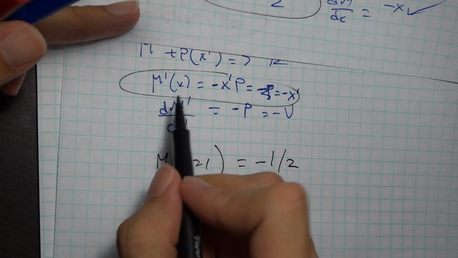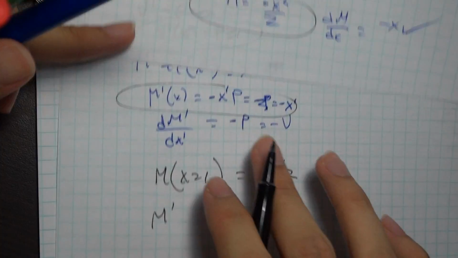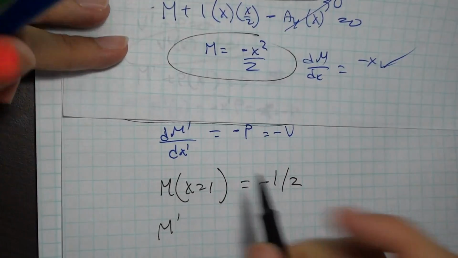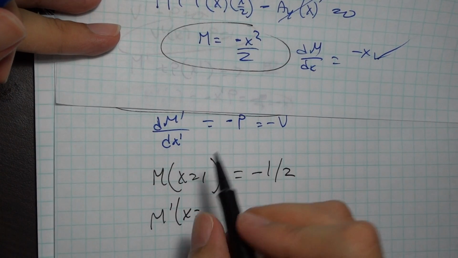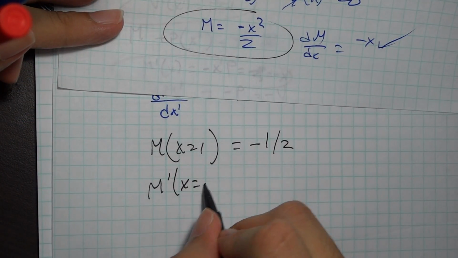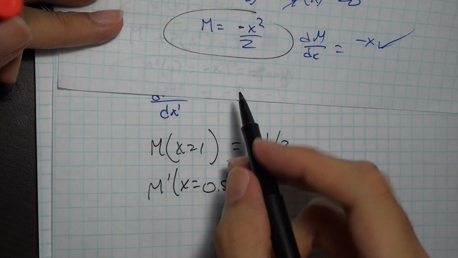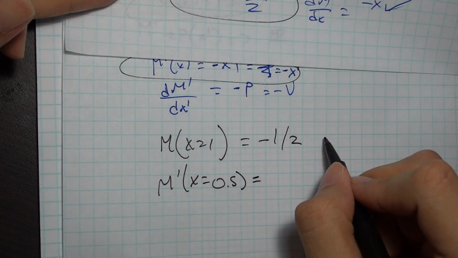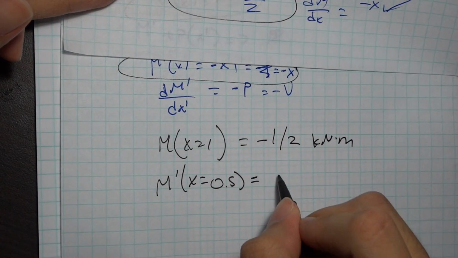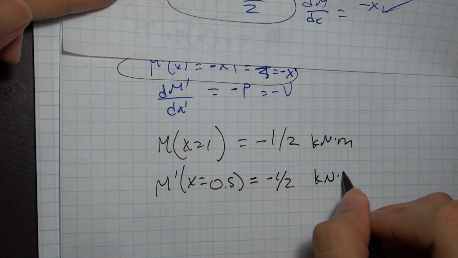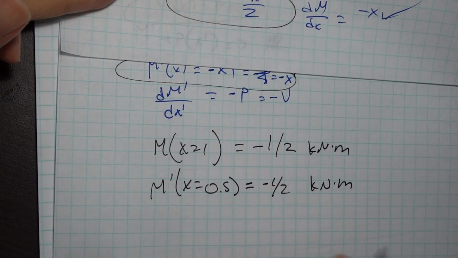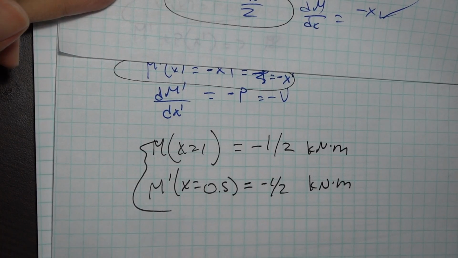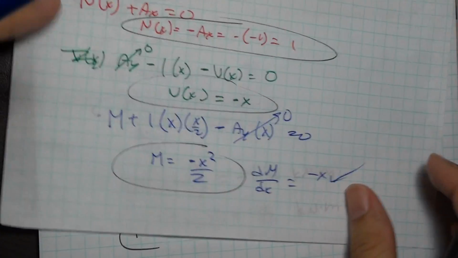The equation is right here. In our diagram, it's only 1/2, right? x equals 0.5. And then what happens when you plug this into your equation here? You get, sorry, this is kilonewton meter, equals negative 1/2 kilonewton meter. So your moments are the same, and this makes sense because there's nothing that's affecting your moment.